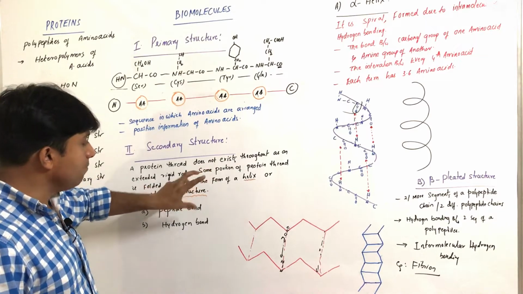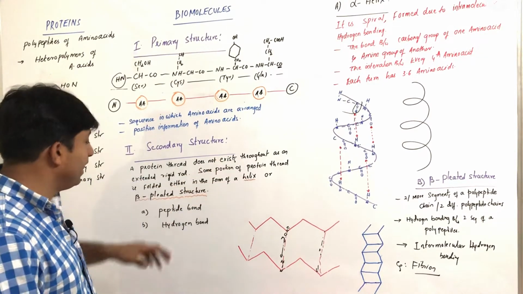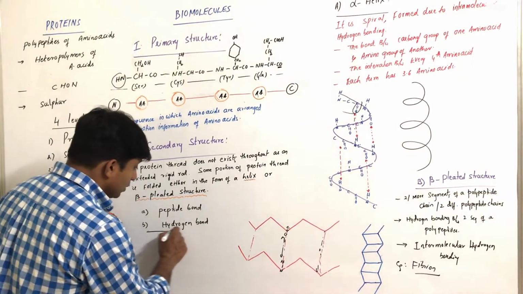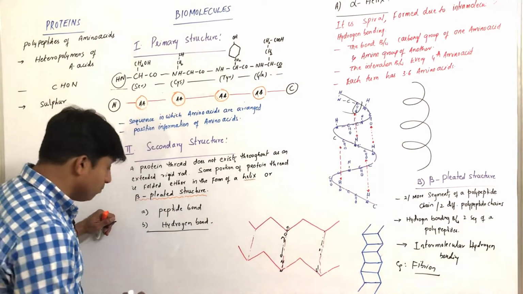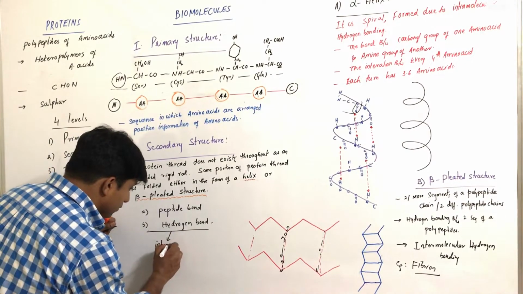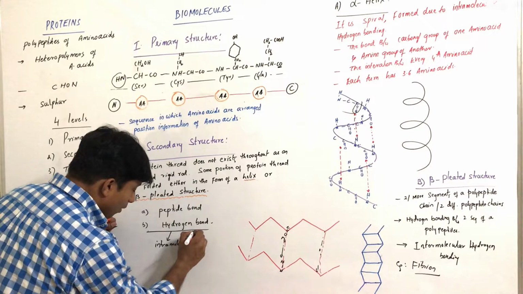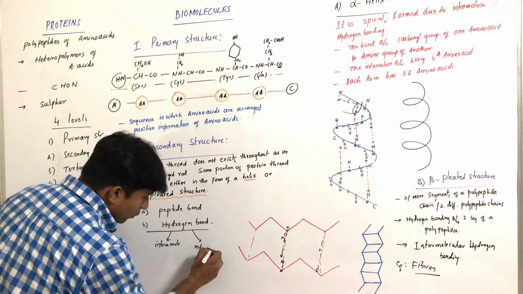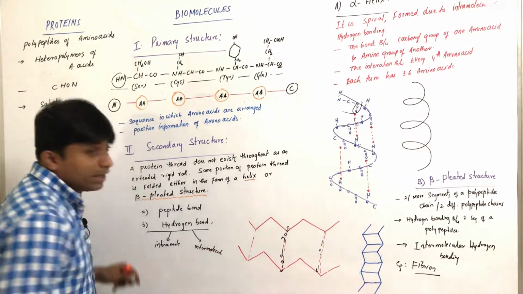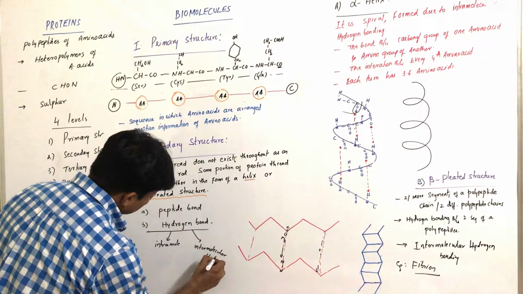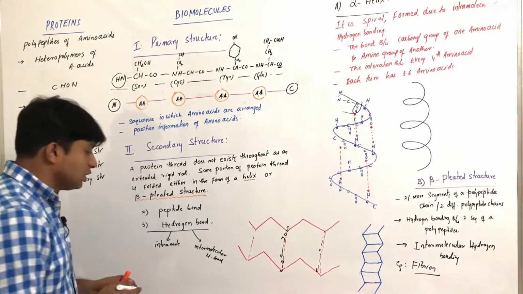So how does a protein molecule get this alpha helix and beta pleated structure? This is because of hydrogen bonding, and this hydrogen bonding could be intramolecular hydrogen bonding, or it can be intermolecular hydrogen bonding. So we'll find out what exactly these two are.